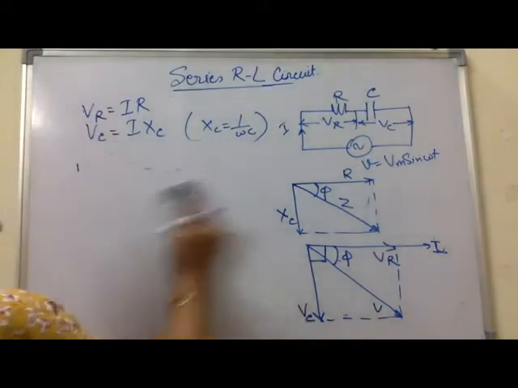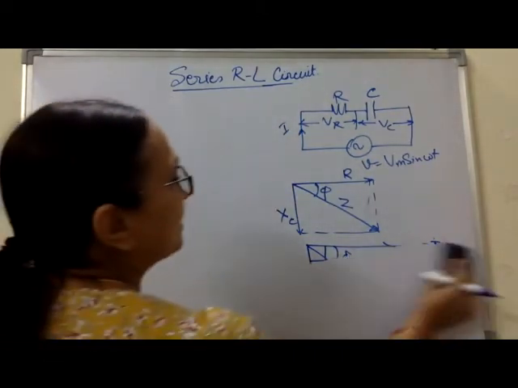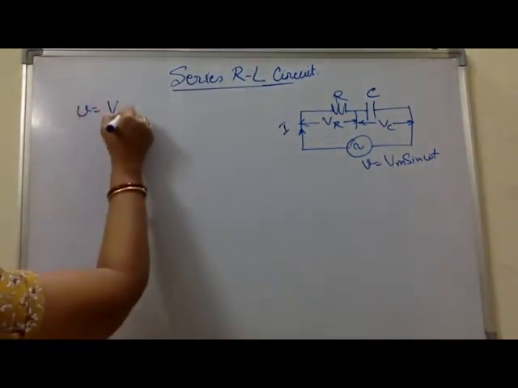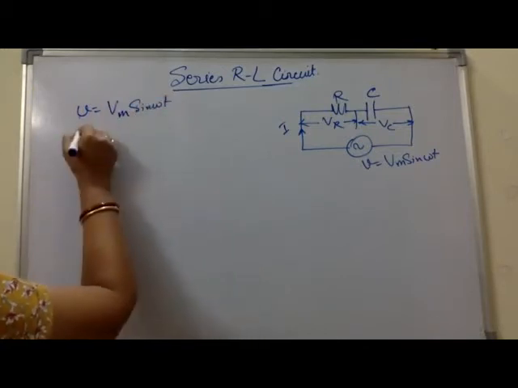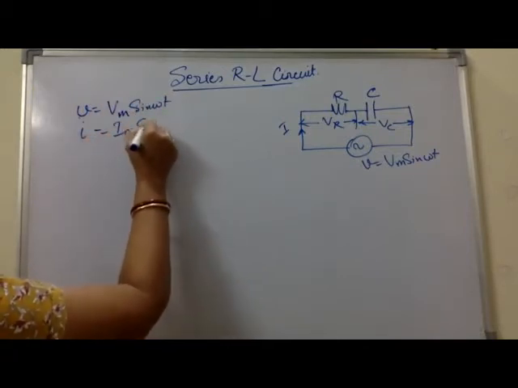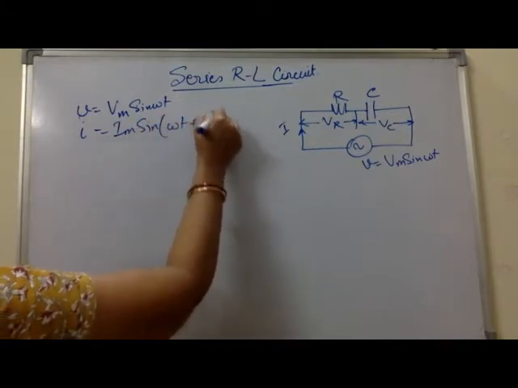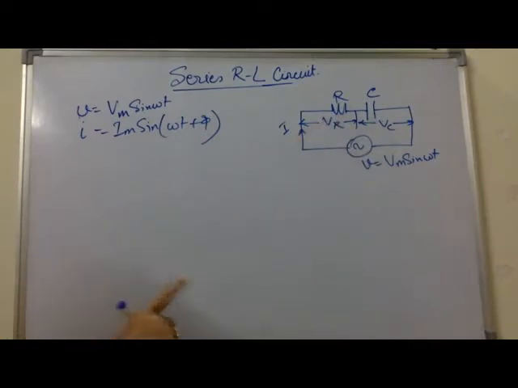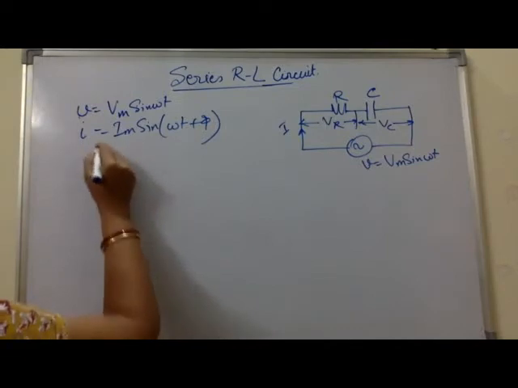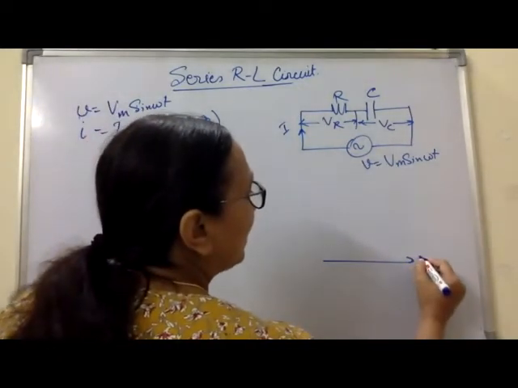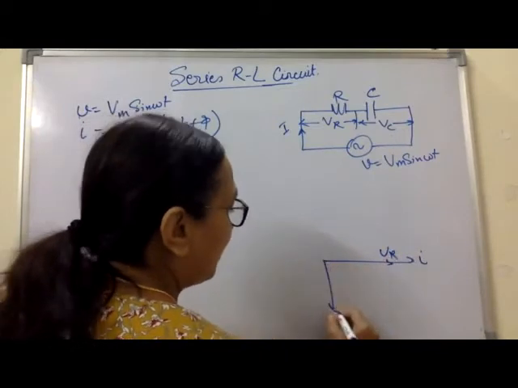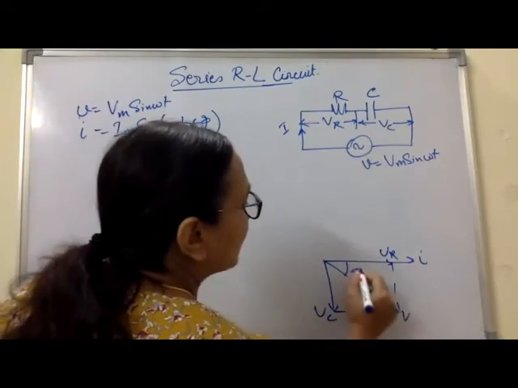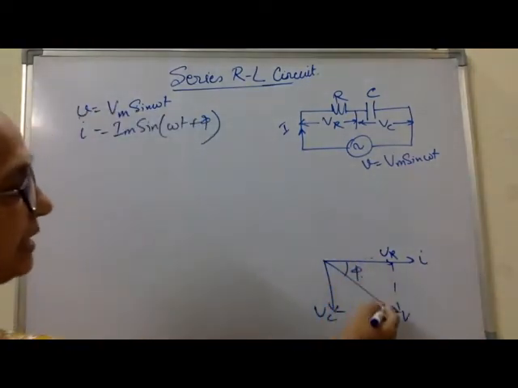If you take the instantaneous equations, V is equal to Vm sin omega t, and I is equal to Im sin (omega t plus phi), because it is a capacitive circuit and the resultant current was leading the voltage by an angle phi, as we had got from this voltage triangle with VR, VC, the resultant voltage V, and angle phi. So this current is leading the voltage by an angle phi.